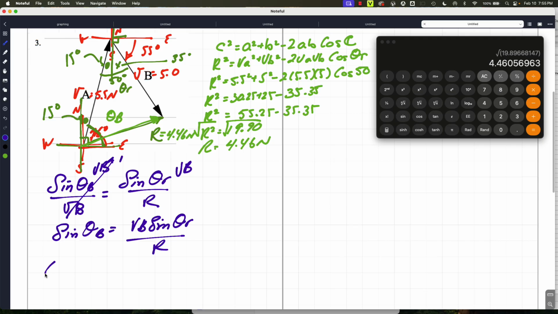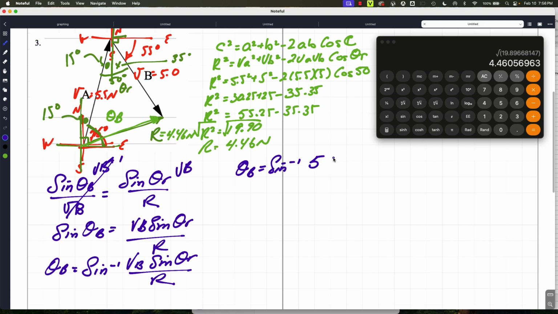And to get theta B by itself, we're going to take the arc sine of VB sine theta R over R. Theta B equals arc sine VB, which is 5, times sine theta R, which is 50, and we're going to divide that by side length R, which we calculated to be 4.46.